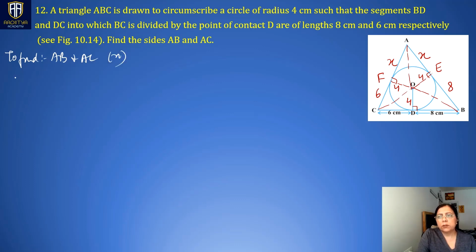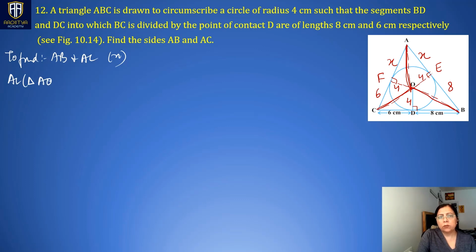Now what we start with, area of triangle AOC. You can mark these things. See, the whole triangle ABC can be broken down into these three triangles AOC, BOC and AOB. So I'm trying to find the area by these three parts.